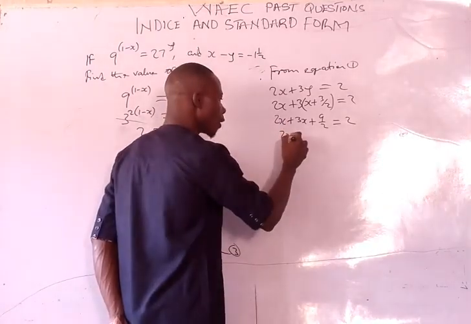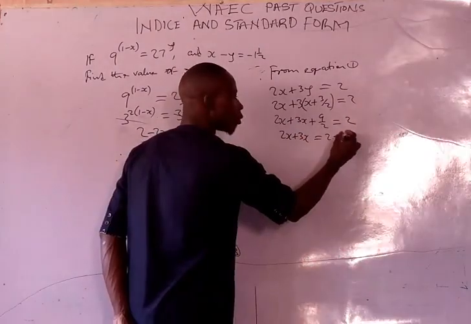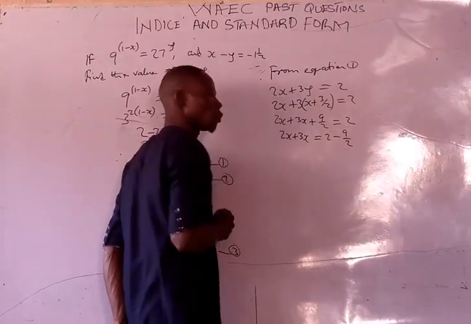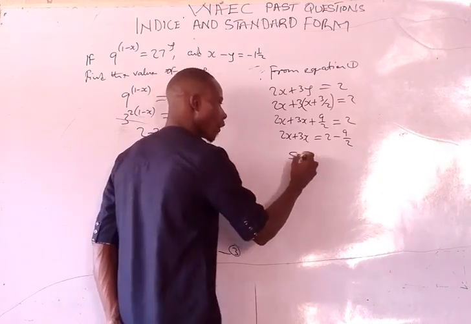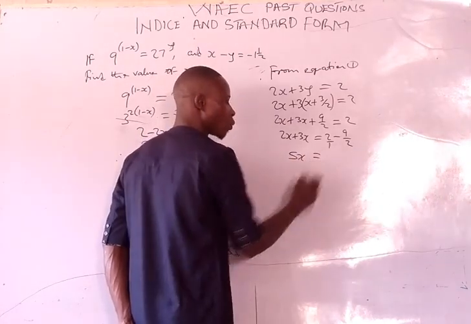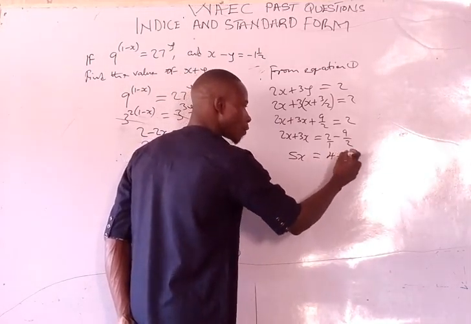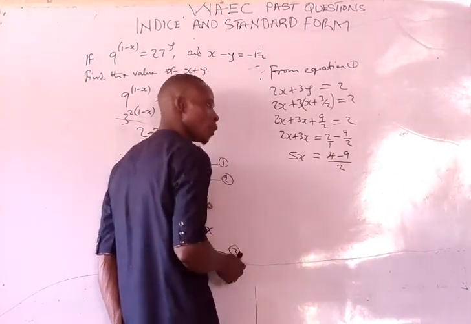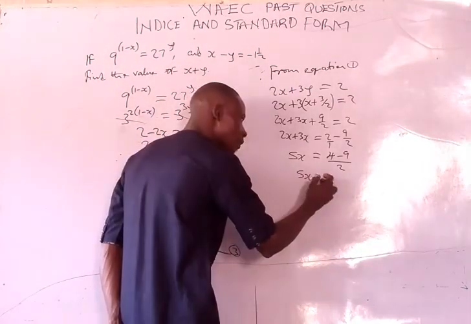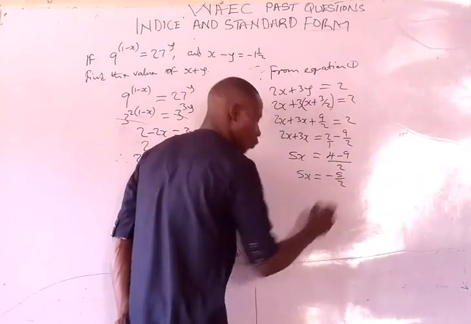This will be 2x plus 3x equals 2 minus 9 over 2. This plus this is 5x. Balancing with 1, we have 4 minus 9 all over 2. So 5x equals minus 5 over 2.